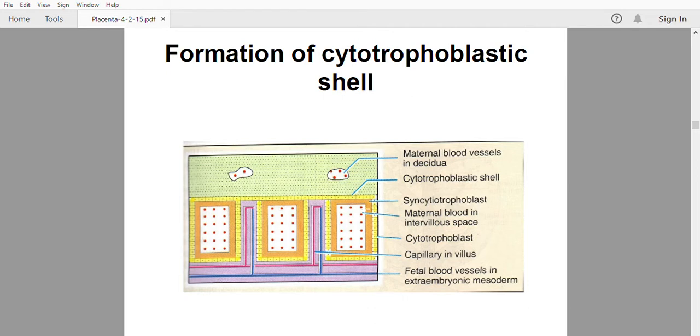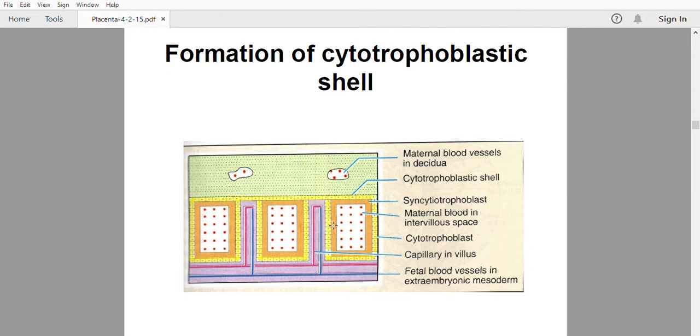Inside that you can see the cytotrophoblast. Inside that you can see the extraembryonic mesoderm with the blood vessels, isn't it? So today we are going to study the placental membranes of the placenta.